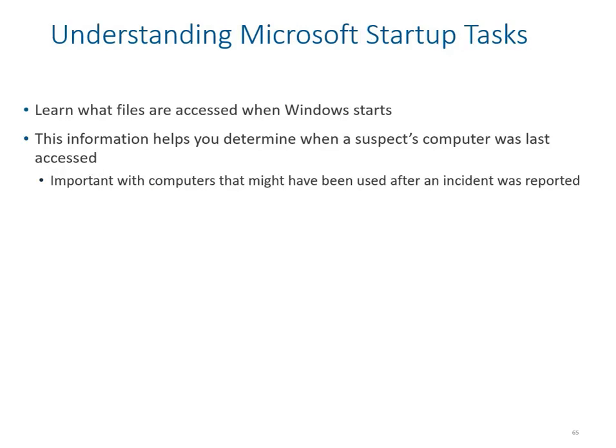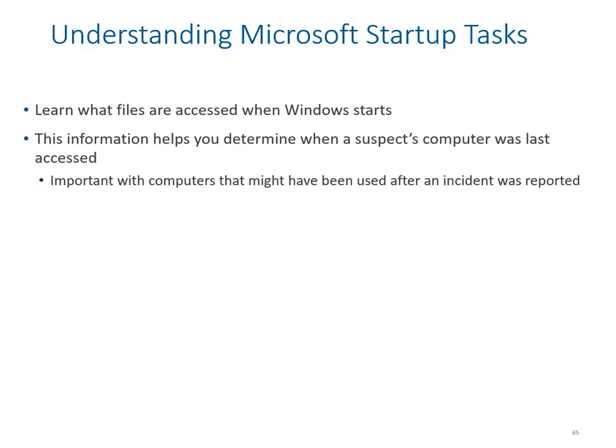Now we'll try to understand what startup tasks are on Windows operating systems. Startup tasks are the tasks which usually start with Windows, and we learn what files are accessed when Windows starts. This information helps to determine when the suspect computer was last accessed.